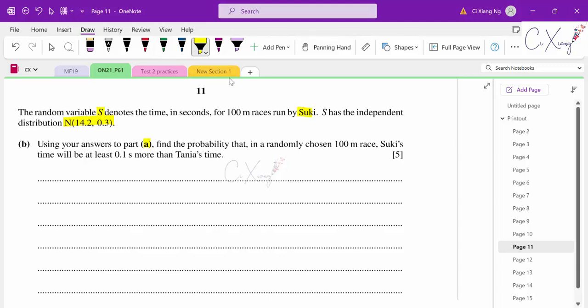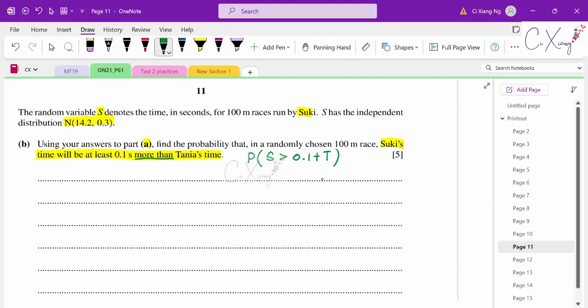We want to write out this sentence in symbol form. We are interested in finding the probability. Suki's time means S. You see the words more than, so Suki's time is more than 0.1 seconds plus Tanya's time.